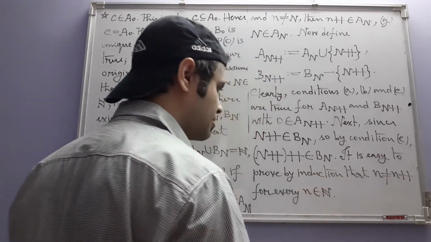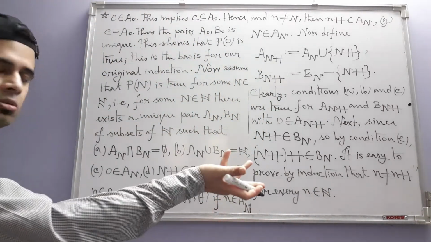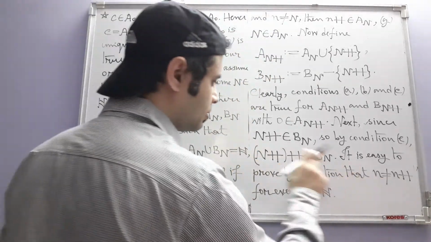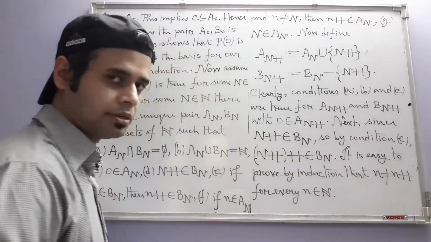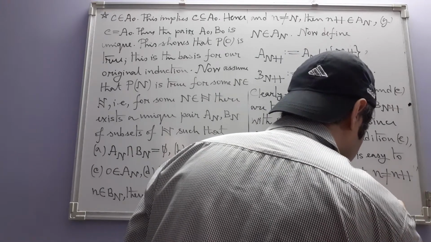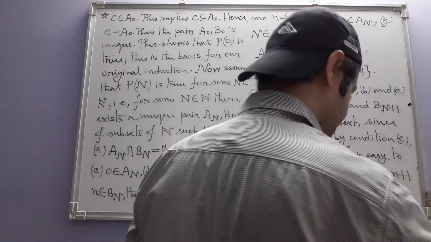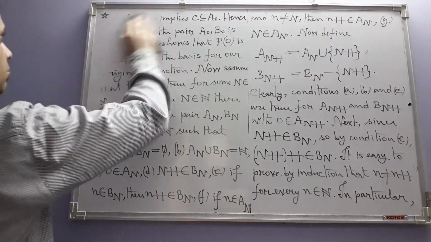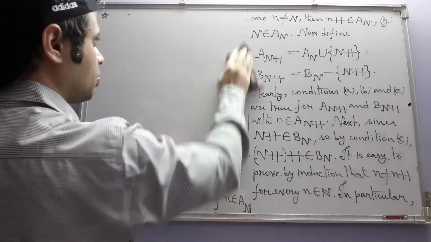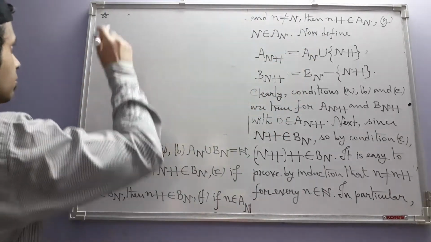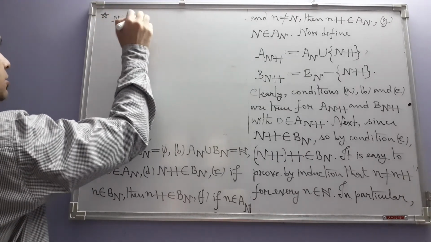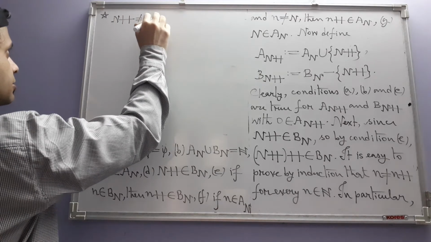Very easy, you just use the Peano axioms and you will be able to prove this. Now we are using this fact in particular for n plus plus in place of n. So in particular, n plus plus is not equal to its successor.